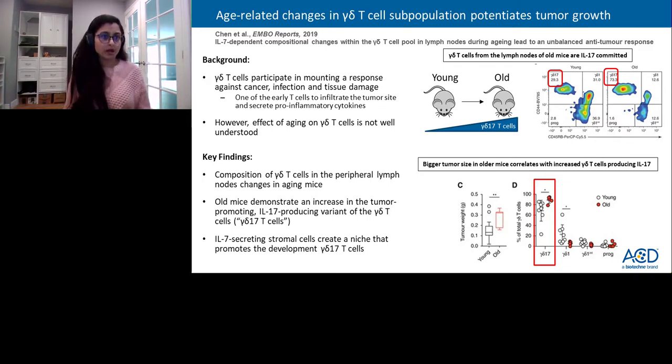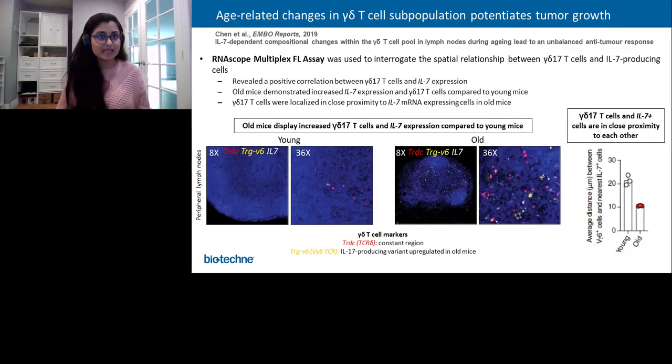They were able to show that with age, there was a change in the gamma delta T cell population, and there was an increase in IL-7 expressing cells with age. So if you compare here, mice that were older showed higher expression of IL-7 expressing gamma delta T cells compared to younger mice. And this was directly associated with increased tumor growth in this animal model.